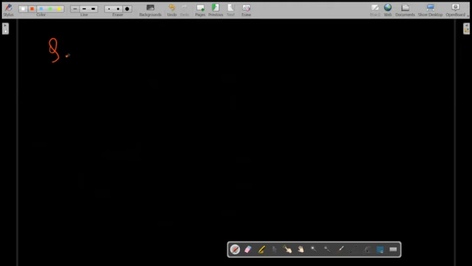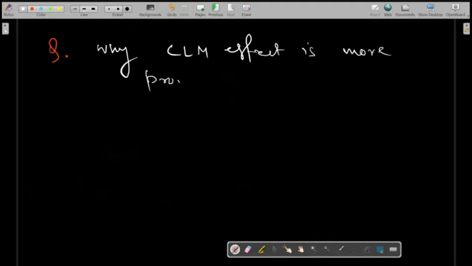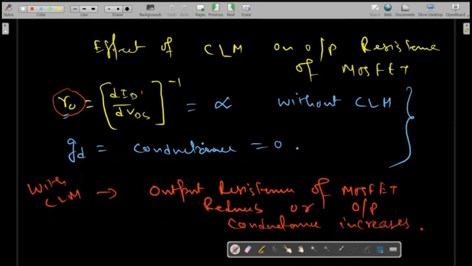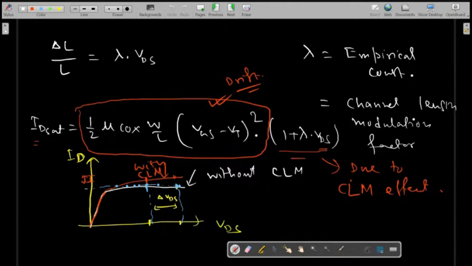And now the question is, why is the CLM effect more prominent in short channel FETs? Can you answer that? So that is your home task.